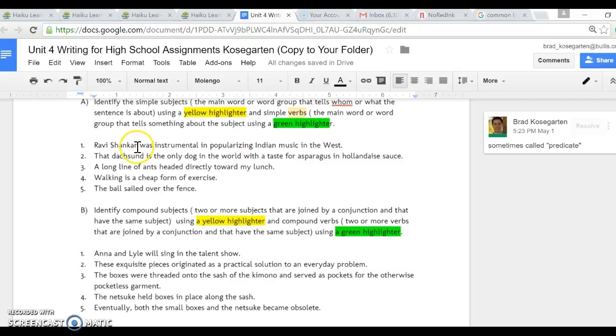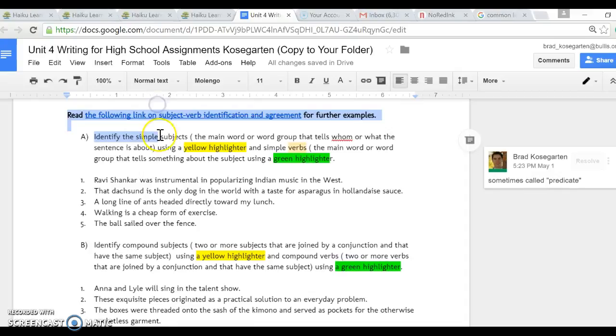But I just wanted to go over these parts A and B. So identifying the simple subject, main word or word group, and I find it easier to just identify the simple subject rather than the compound subject, which I know will be agreeing with the main verb, right?